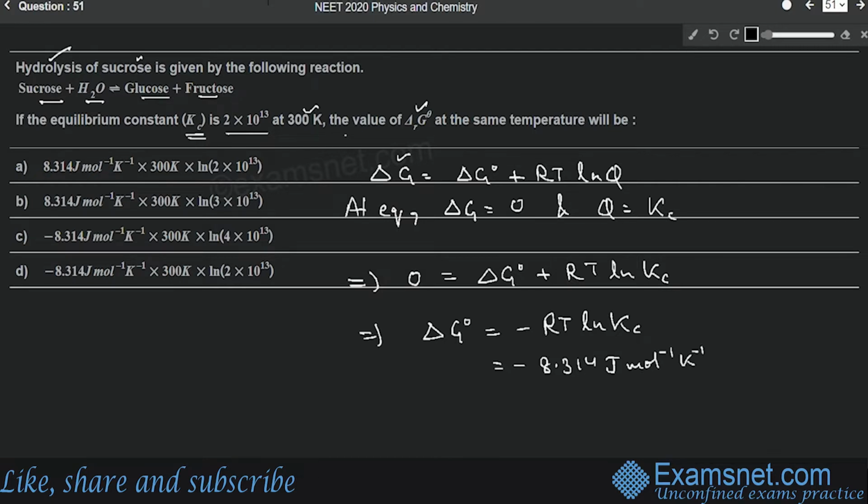Then we have temperature. Temperature is given 300 Kelvin. So into 300 Kelvin into ln Kc. So Kc is also given. It is 2 into 10 to the power 13. So this will give you the delta G naught. So here we can see out of the given options, in the last option we get the same expression. So the last option will be the correct answer.